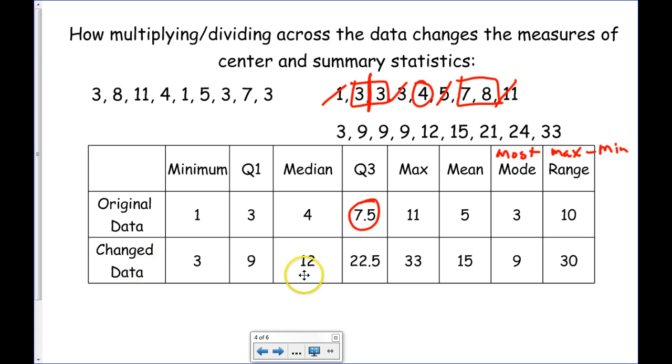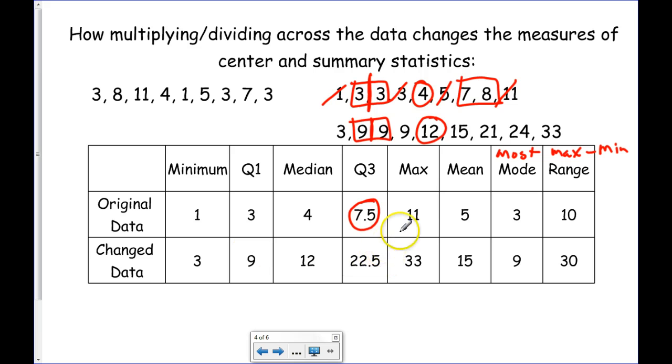In our changed data, we have multiplied each variable by 3, and we have this. What we want to do now is to find all the same values and look at how they've changed. We go through the same process that we did before. Our minimum value is a 3, so that is indicated there. Our median here is a 12. That's the middle number of all the values there. Our first quartile is the number located here in the middle of these 2 numbers, which is 9.